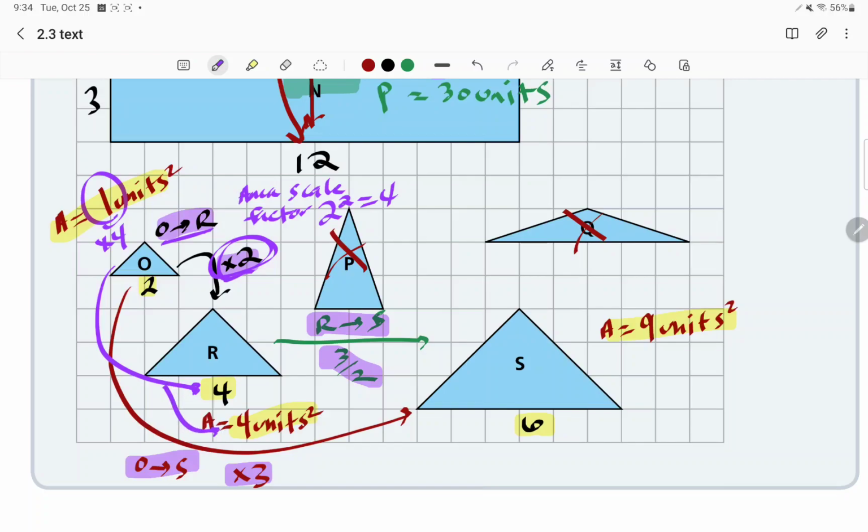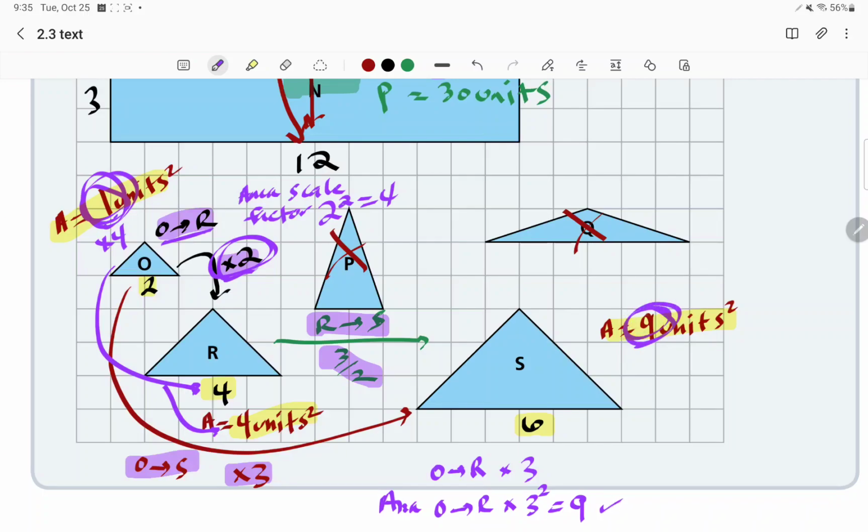Okay. And then if you're going from, let's say, O to S. So with O to S, the scale factor was times 3. And so the area scale factor should be times 3 squared, which is 9. And the area of O was 1. The area of S is 9, so it checks out.